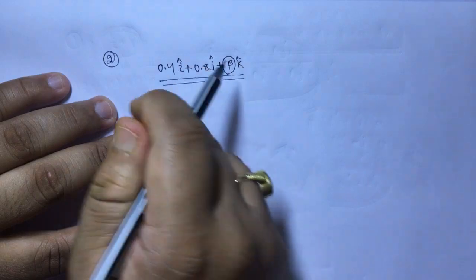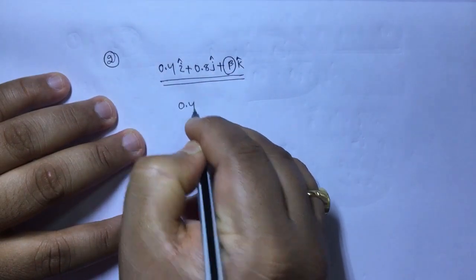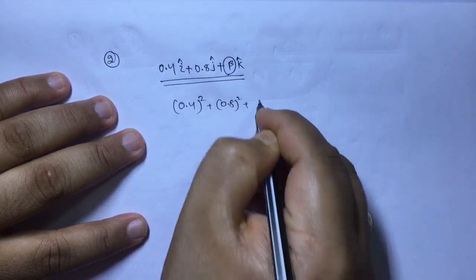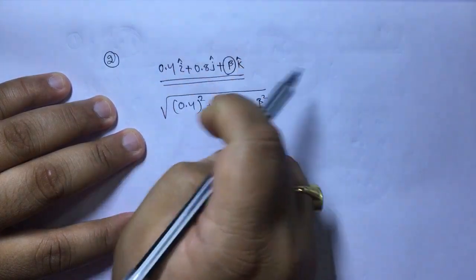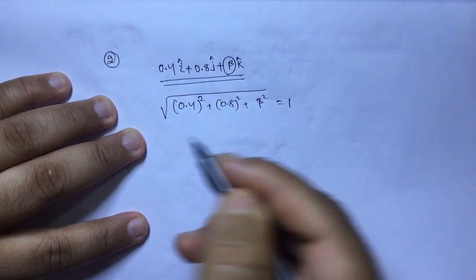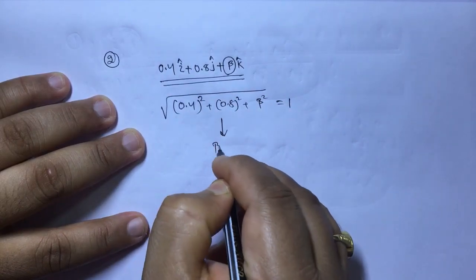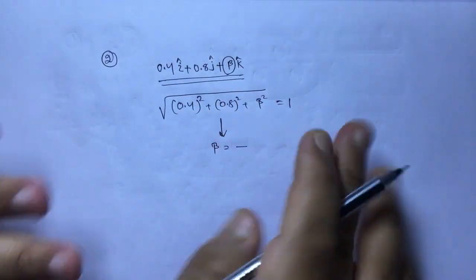So, first thing, if it is a unit vector, what is the condition? The condition must be that the square root of x square plus y square plus z square, the magnitude of this vector, must be equal to 1. Then square on both the sides and solve it to find the value of beta. This is your task. Just calculation you can do.